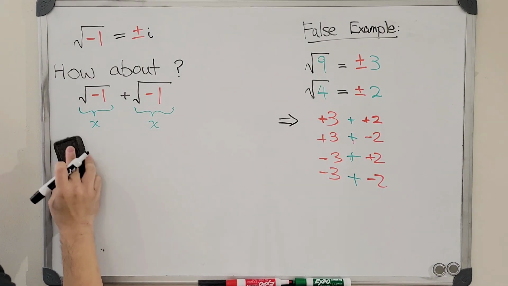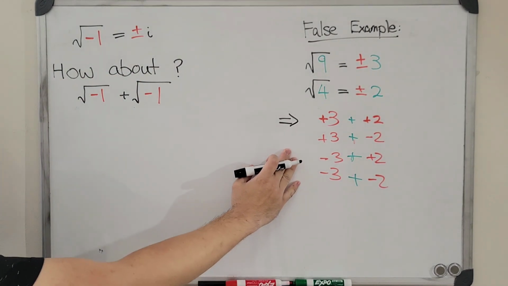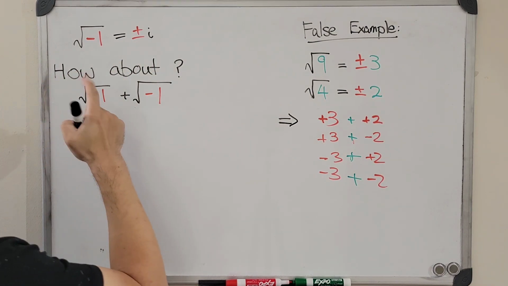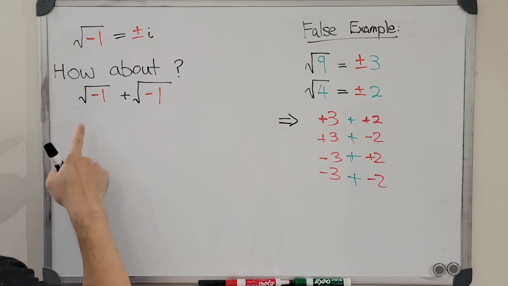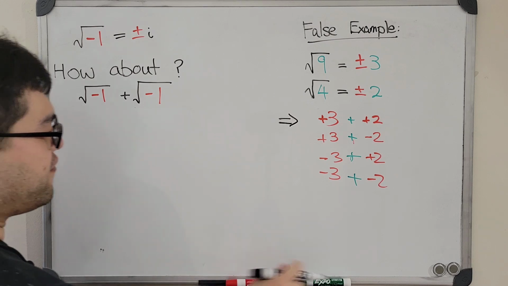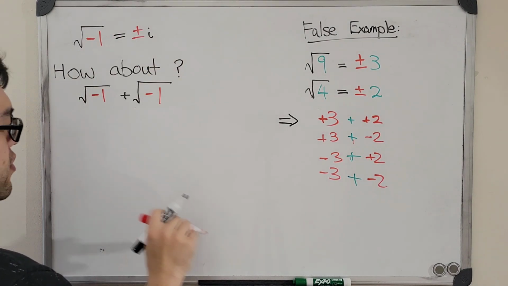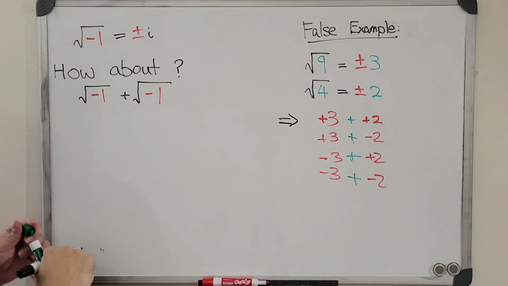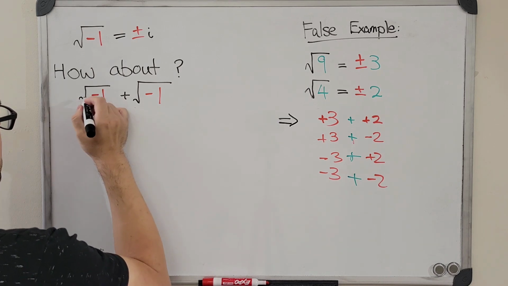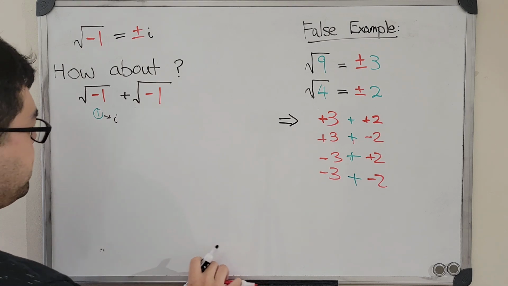Now, if we try to use their fallacy here to get the result, let's see what happens. First, let's say we choose the first value to be positive i. Option number 1 for the first case, which says that the first term is going to be positive i.